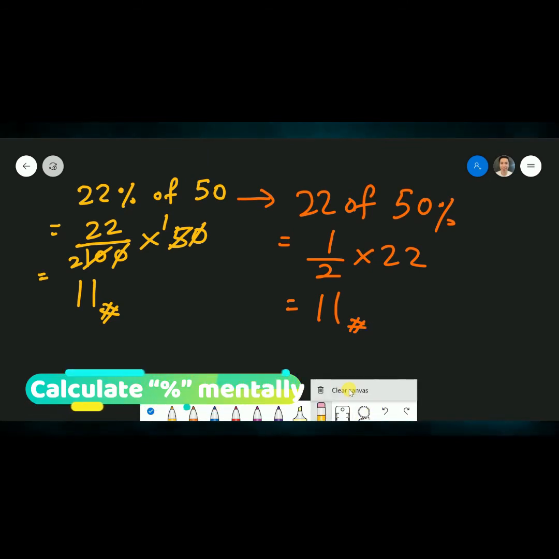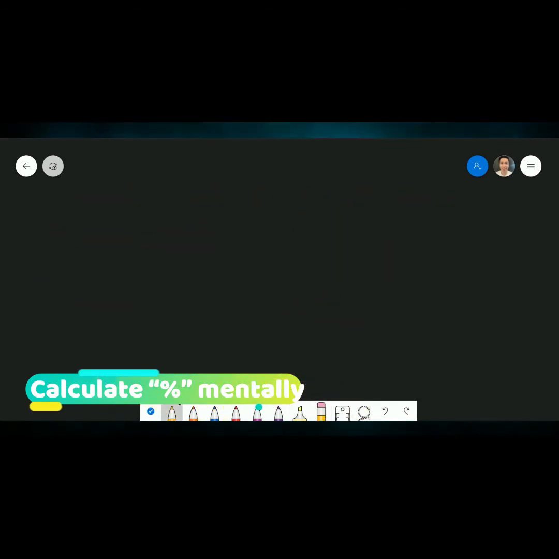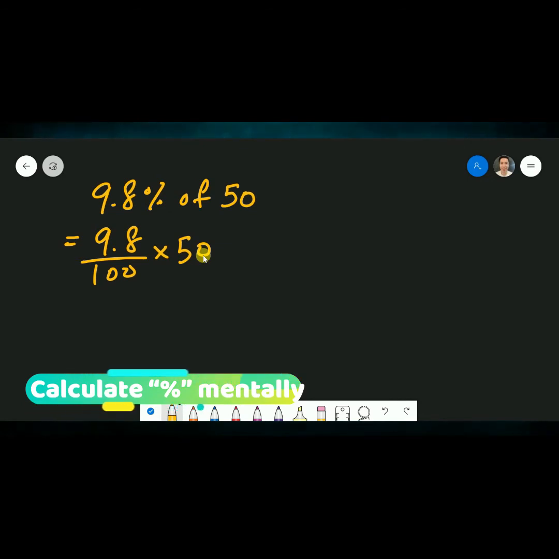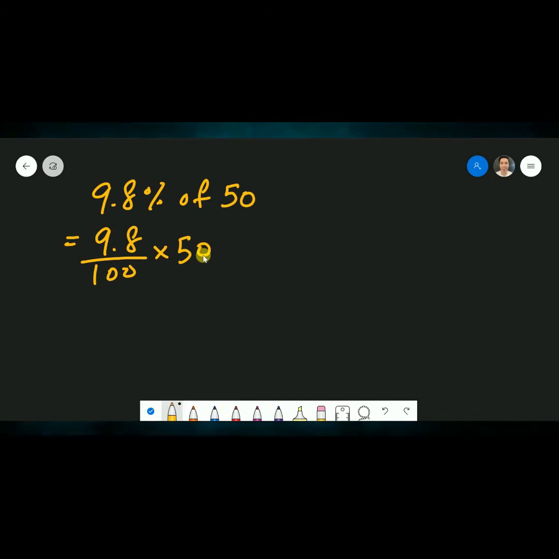Well, I will give you the second example. For example, 9.8% of 50, how are you going to perform this? Old school method, your school teacher will tell you 9.8% is equal to 9.8 over 100 times 50. But now again, I'm going to teach you how to calculate percentages mentally.